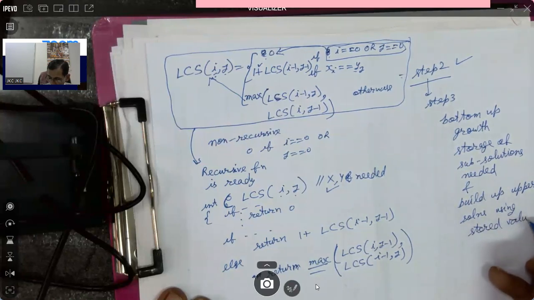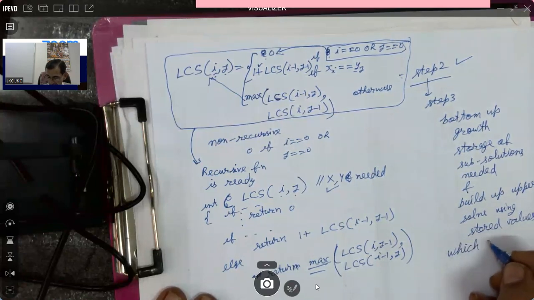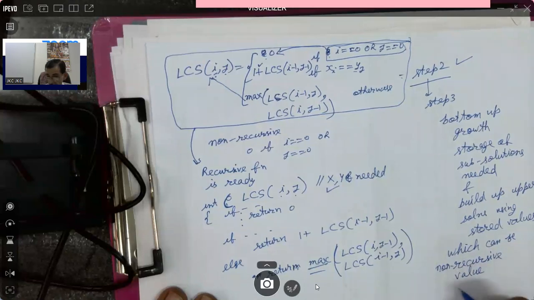So I have to find out which value can be non-recursive, directly stored. That is always the starting point, which can be a non-recursive value as starting.